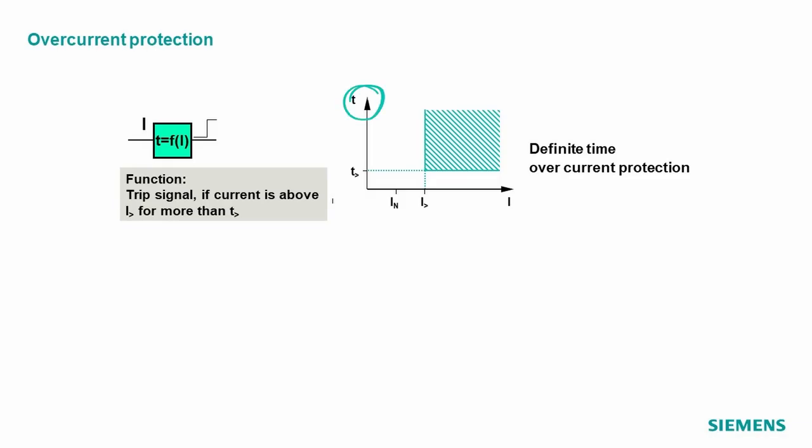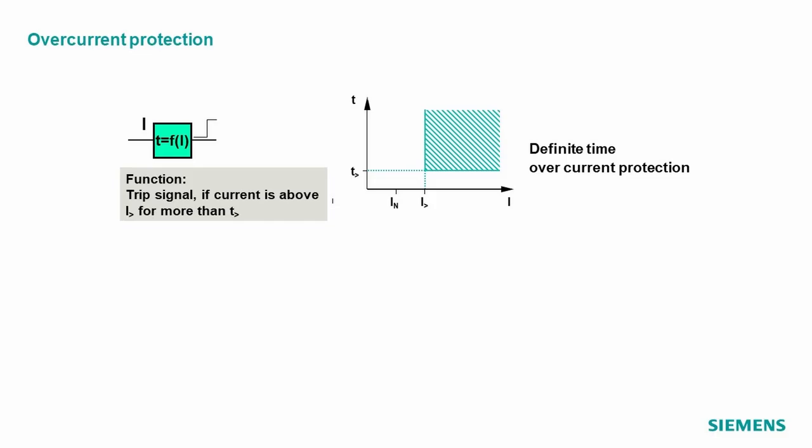That means we have no trip. As soon as we are above the setting limit, then we start our timer, and then we will issue a trip if this condition remains there for a given time. That means a time which is given by the user.